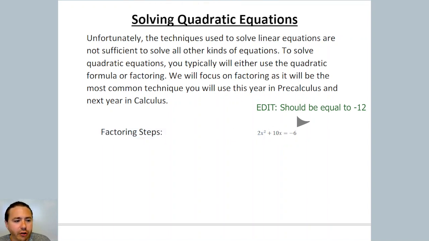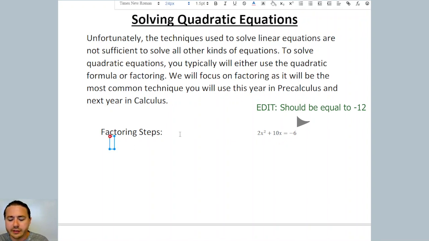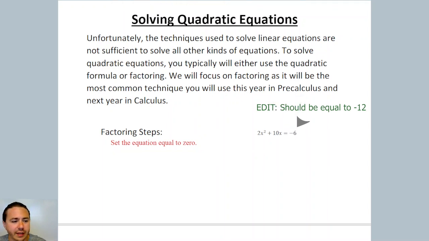The first thing you want to do is set the equation equal to 0. Okay, so first set it equal to 0. And yes, we do use the properties of equality to do that. In other words, you just want to move everything to one side.